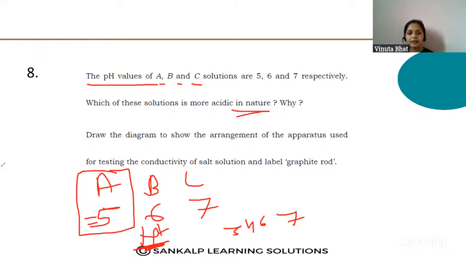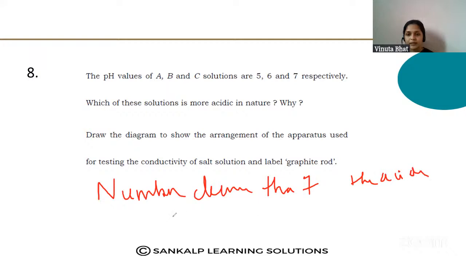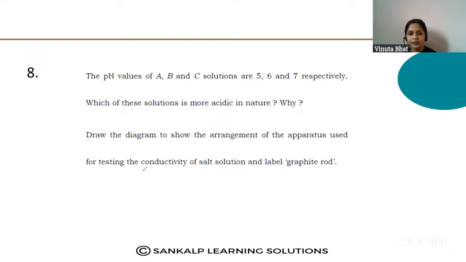You can write like this: when the number decreases than 7, the acidic property increases. Or you can write the acidic property increases with the decreasing number. So here 5 is the smaller number compared to 6, so that has the more acidic property.